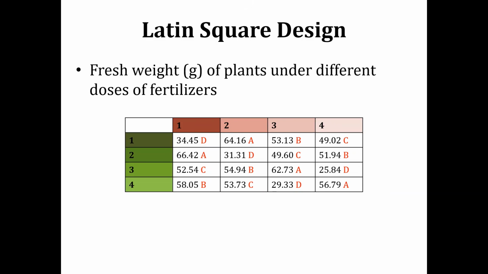Here we have the results of the experiment, and you can see the values of the fresh weight of plants under different doses of fertilizer. We have 16 plants and 16 observations, and these observations are according to the plots, according to the blocks made according to the river and the road gradient.